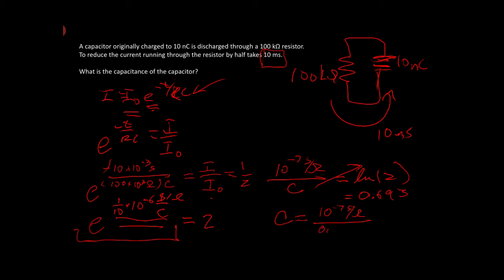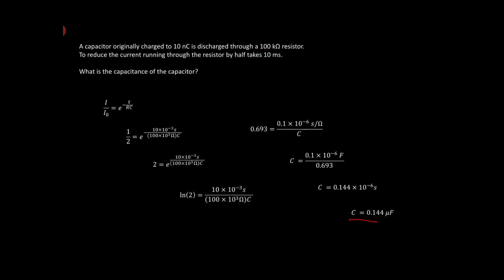Yes, it is 0.693, which ends up being 0.144 times 10 to the minus 6, and those are going to be farads. Yeah, 10 to the minus 6 farads. I should have an ohm in there. That should be a farad. That already happened here.